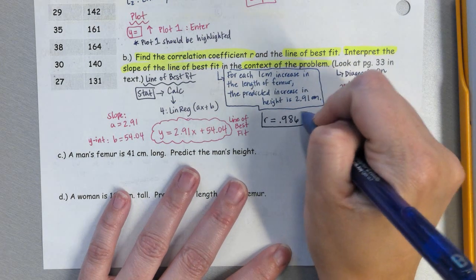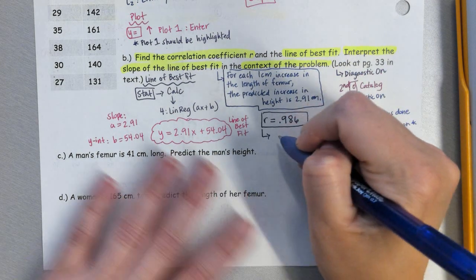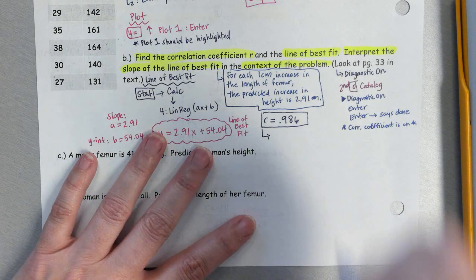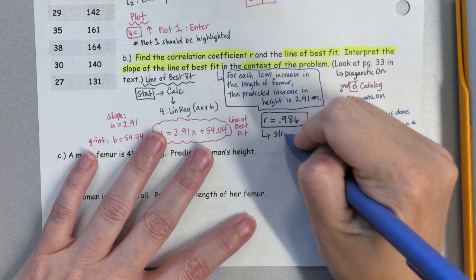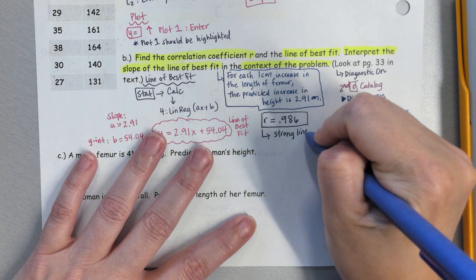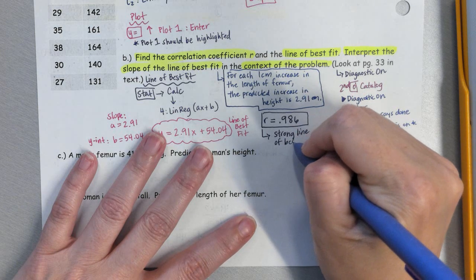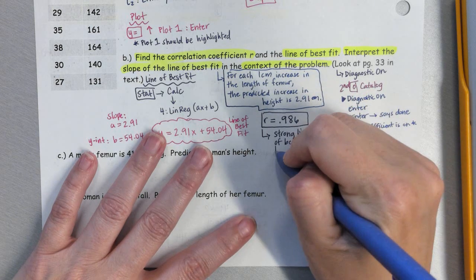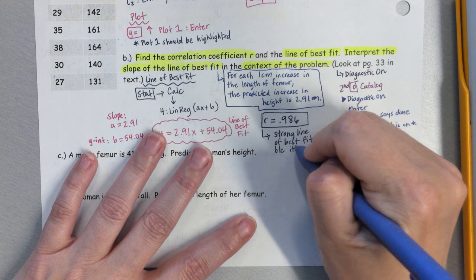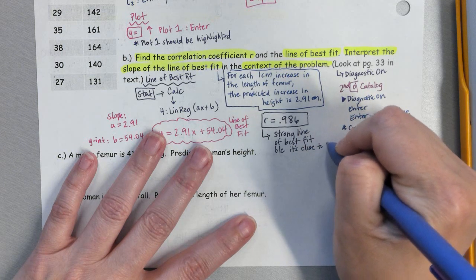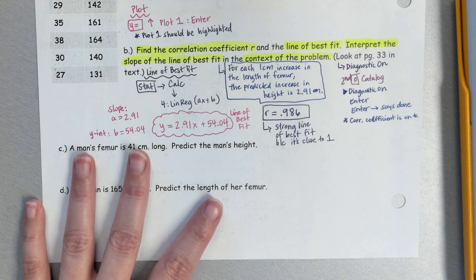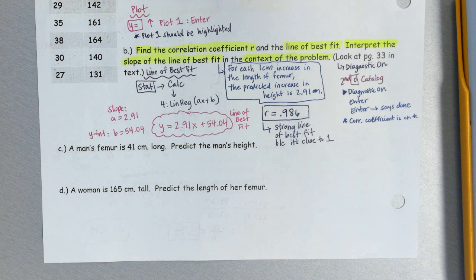Is this strong or weak? Strong. Why? Good. So this is a strong line of best fit. That means this is going to be a really good model to make predictions.